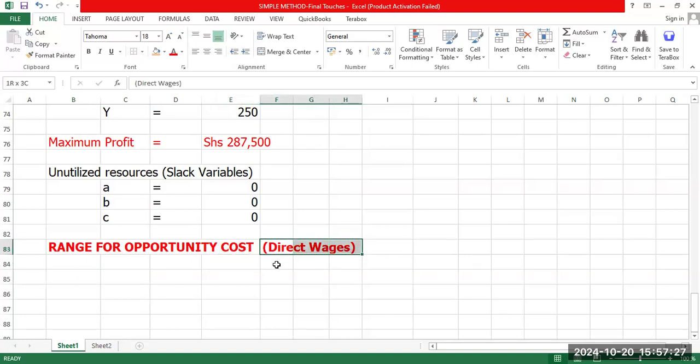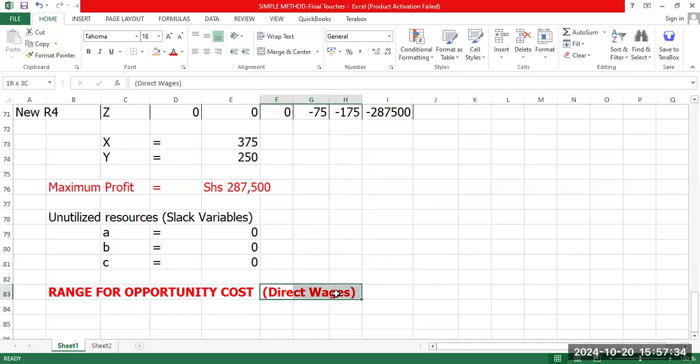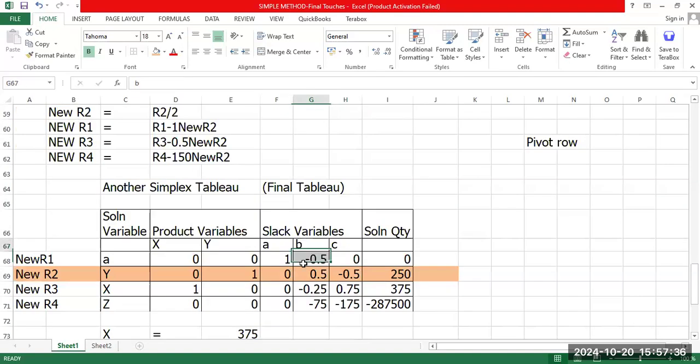It is direct wages. Go to the slack variables, identify which column is for that variable. It is column B.